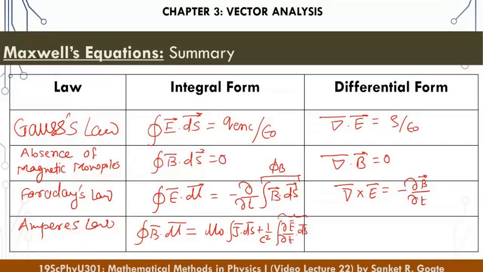This involves the electric flux. Its differential form, the fourth Maxwell's equation, is del cross B equal to mu 0 J plus 1 by C square dou E by dou t. So we have written all four Maxwell's equations in integral and differential form.